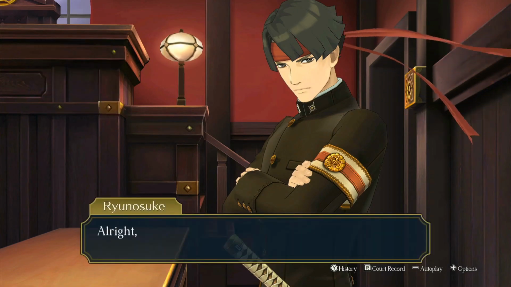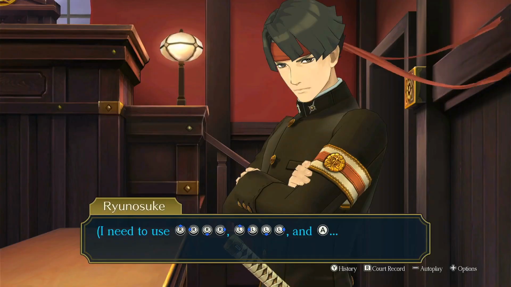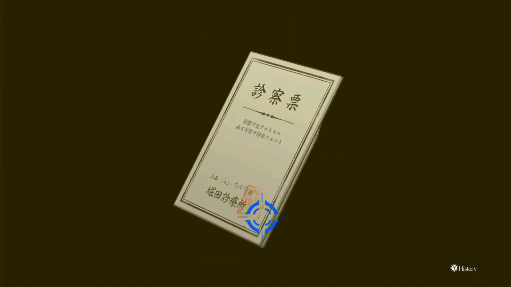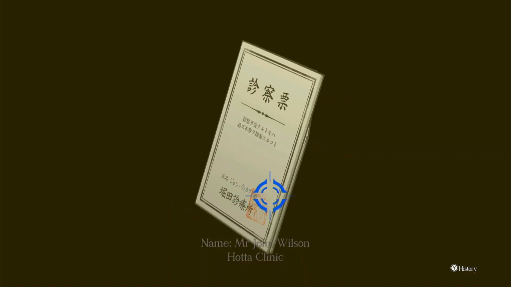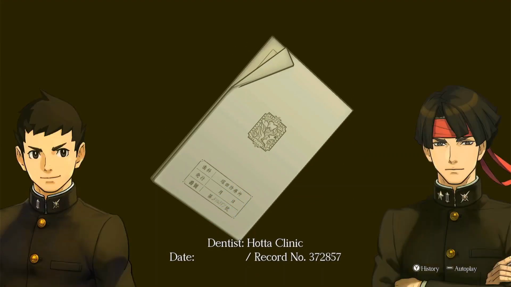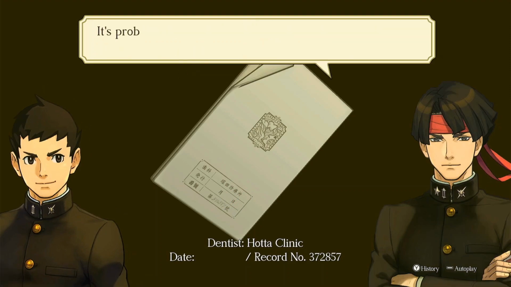Alright, let's look at this report card and see what happens. Skip all this tutorial stuff. Ooh, medical report card required for every visit. Date doesn't really matter, but what we do know is... Dentist. He went to a dentist, I see. A long-term treatment.